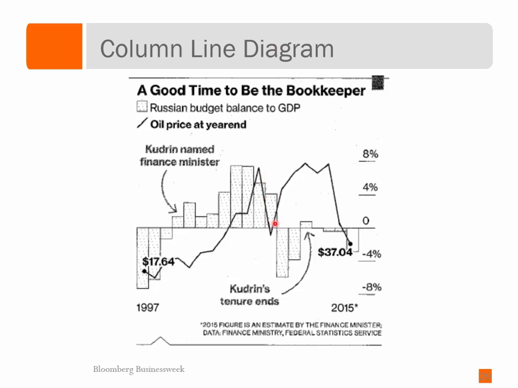Then the price of oil has a very negative effect here, very negative downward trend. And we see that significant impact on the Russian budget, basically going negative here, having shortfalls. And then we also have an insider note here that the finance minister's tenure ended here. And we proceed on a little bit further, a little bit of an uptick here, but then back down.